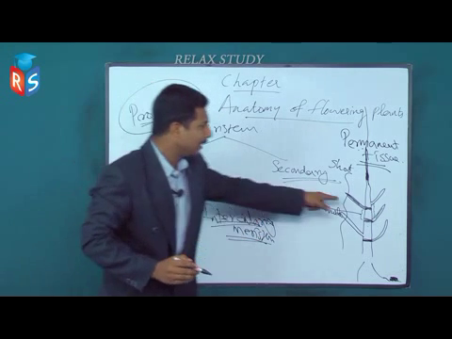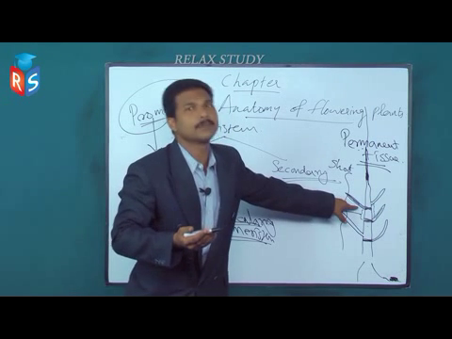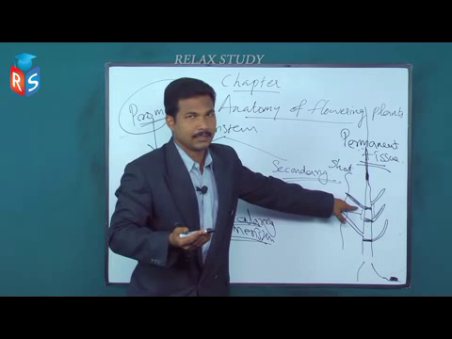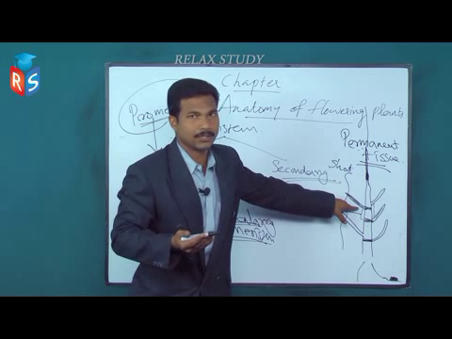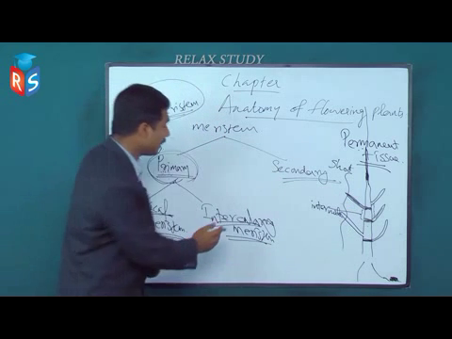Once again, where a leaf starts or protrudes from the stem, there some meristem cells are present. That is at the nodal part or at the base of the internode. Such meristem cells are known as intercalary meristem.